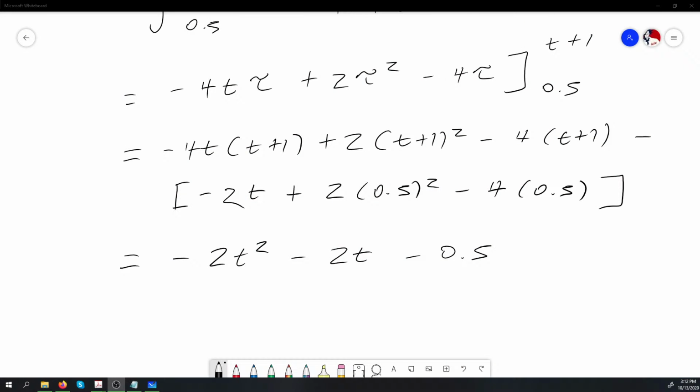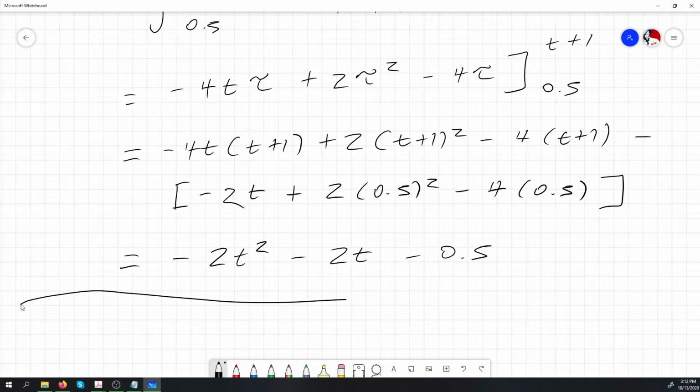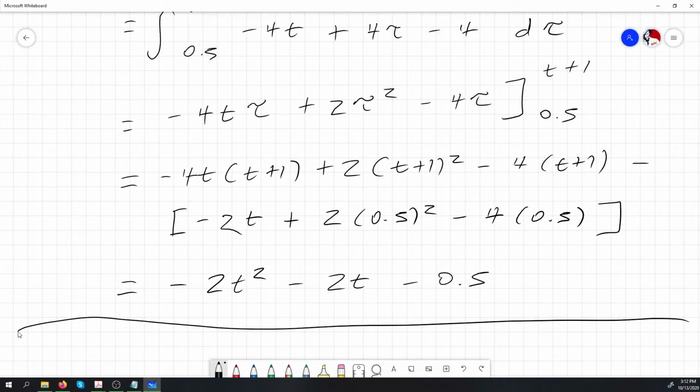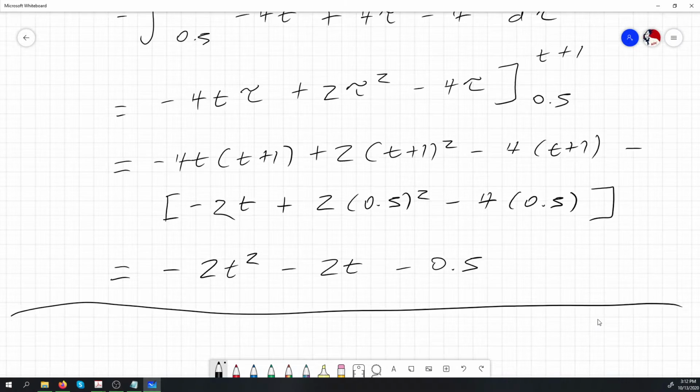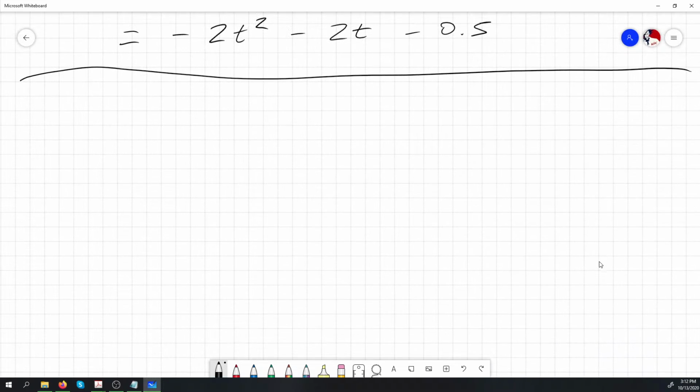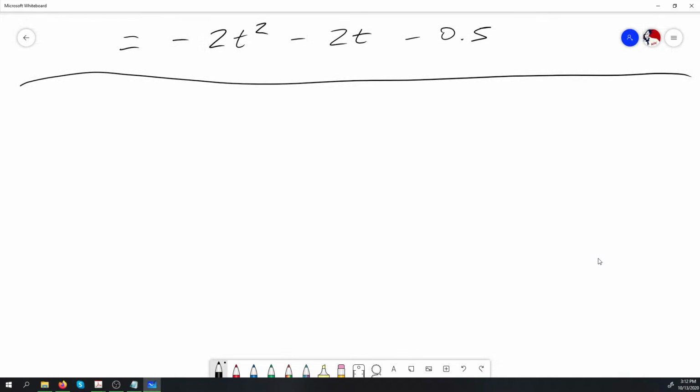So that basically gives us the answer for case 2. Let's go on to case 3 here.